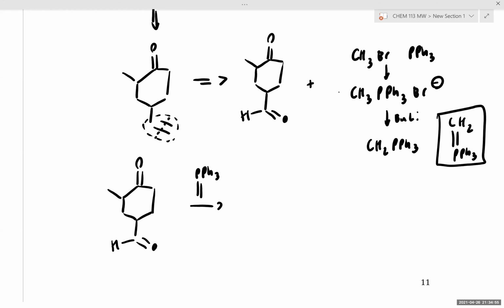Yes, but is it called an ylide? Is that where it's negative charge? This is the ylide where you can place a negative charge on the carbon. Before the base, there's no negative charge on the carbon.